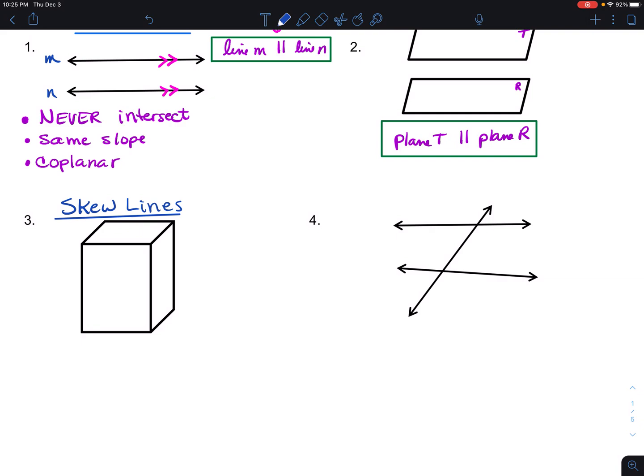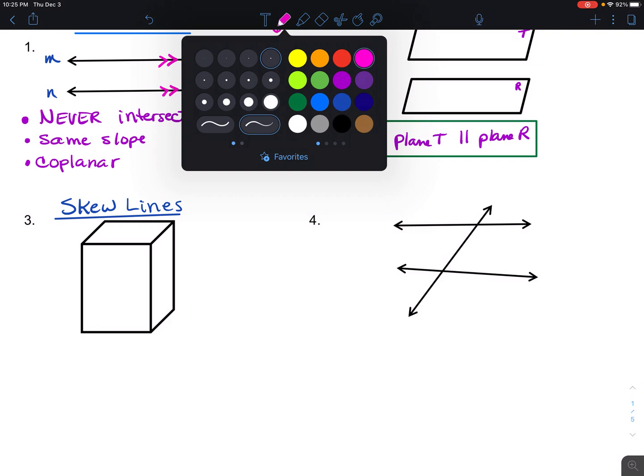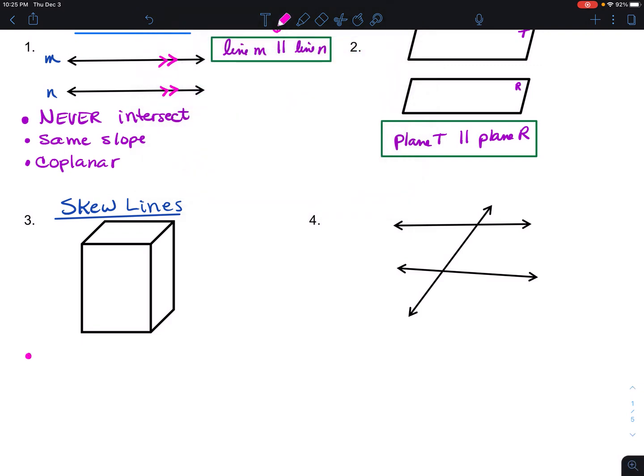You never intersect. So important things: skew lines do not intersect. They're non-coplanar, and I'll show you momentarily. And they're also not parallel.